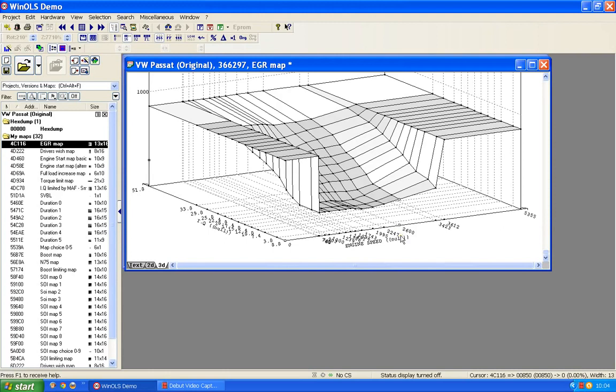Now, as engine speed rises, if you were trying to inject 51 milligrams, which you probably won't be, but if you were, then with your foot absolutely flat on the floor, the engine speed would be constantly rising, and the mass airflow, as appears in this EGR map, would stay constant at 850.